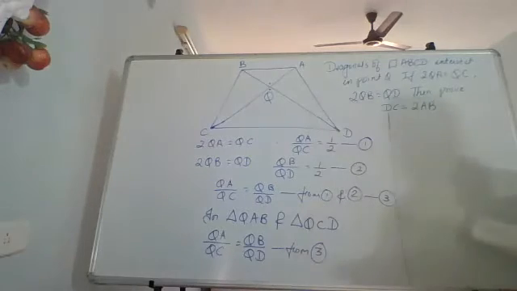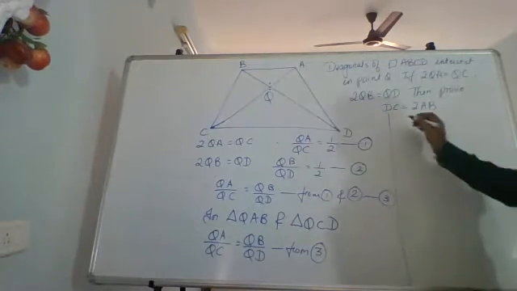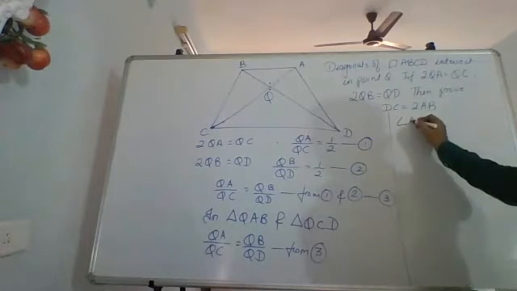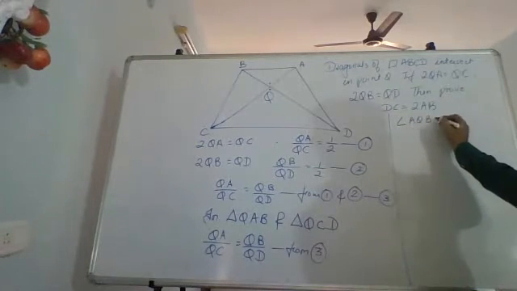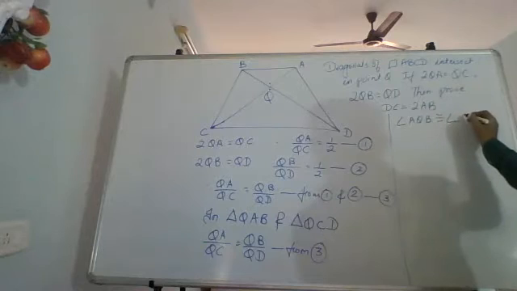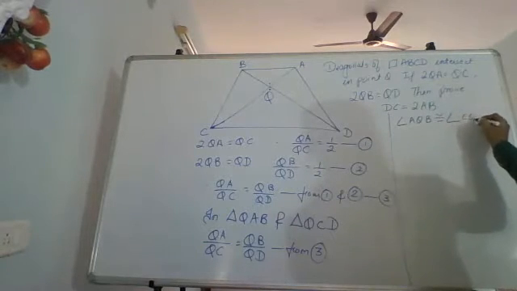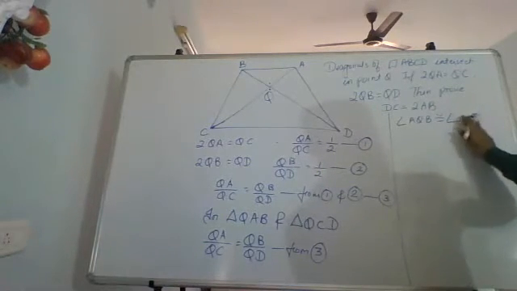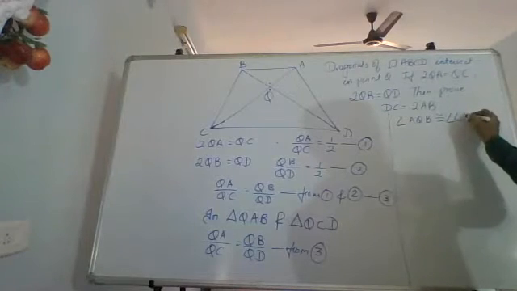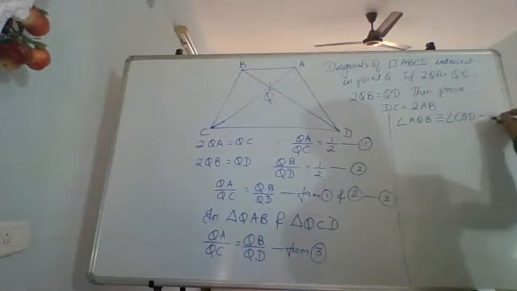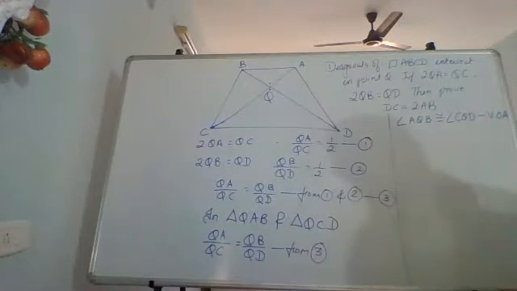Then, as I said, the two angles are congruent because they are vertically opposite angles. That is, angle AQB is congruent to angle CQD. Reason, vertically opposite angles.